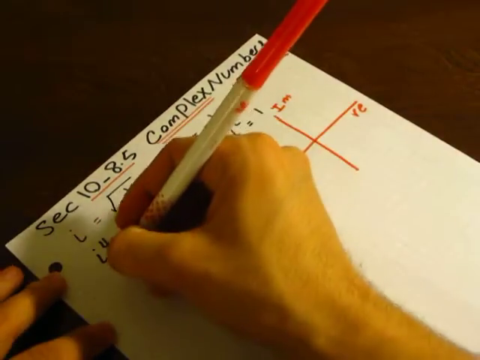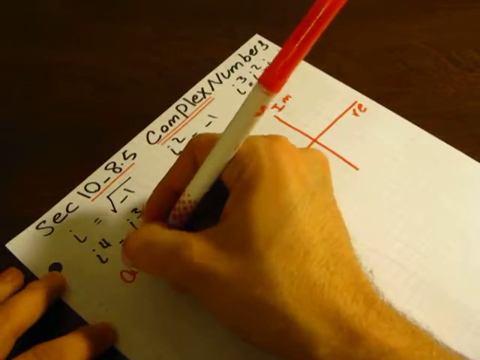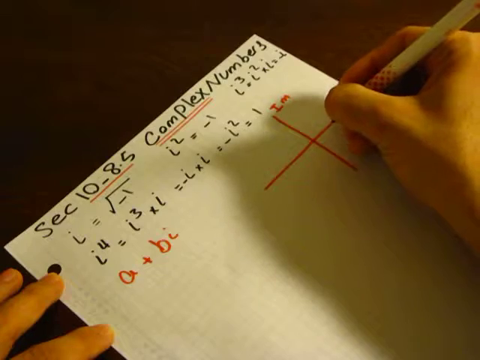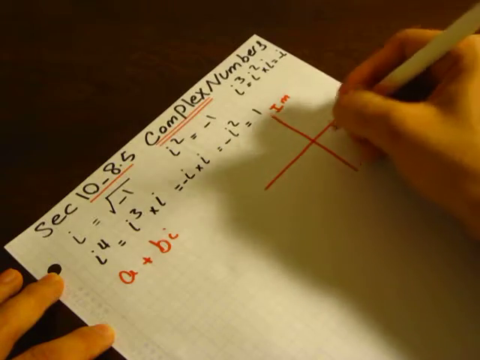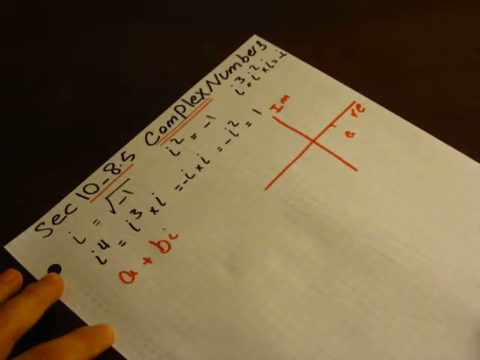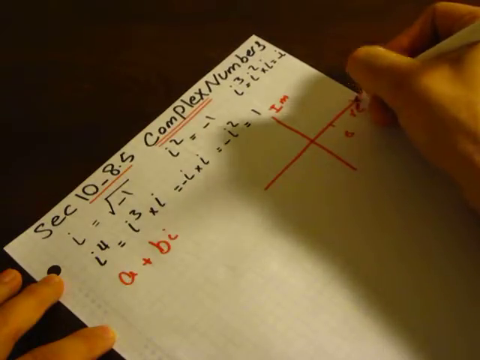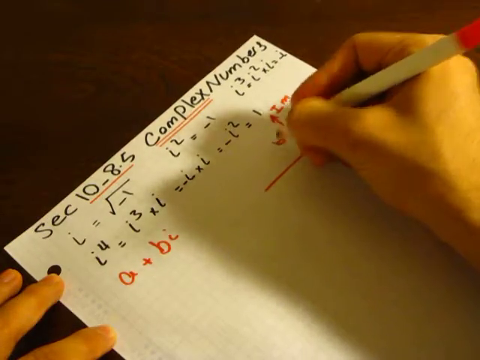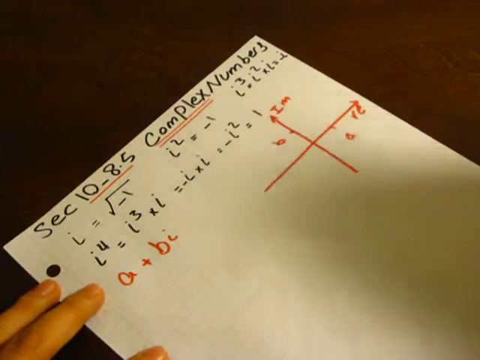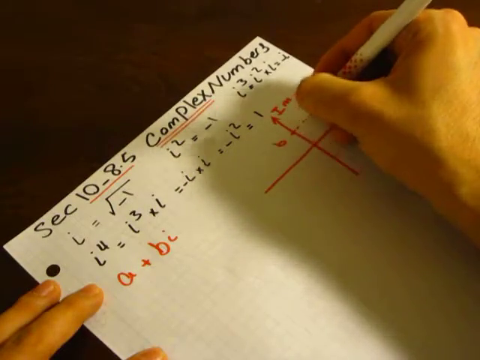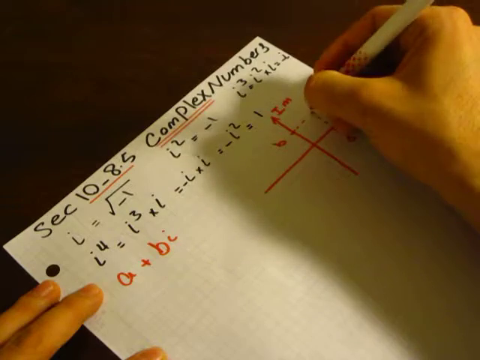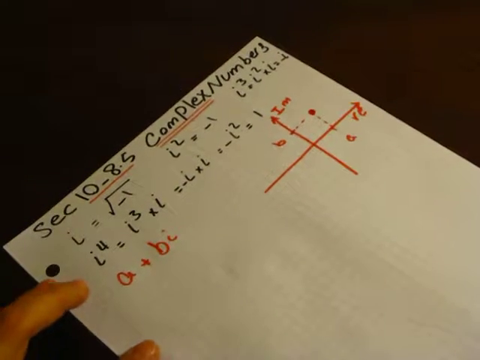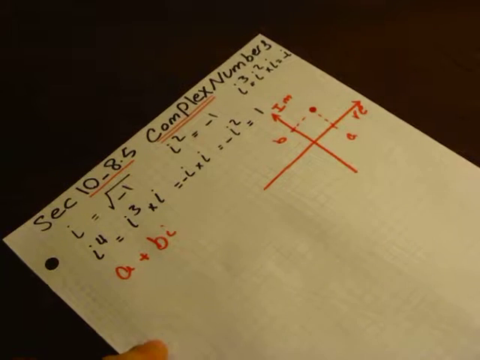For example, the number a plus bi. So this is a units on the real number axis, and this is b units on the imaginary number axis. So this is my point on this type of coordinate system.